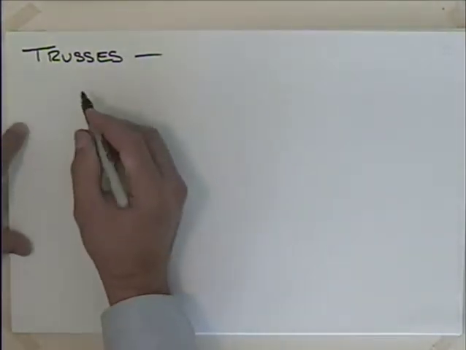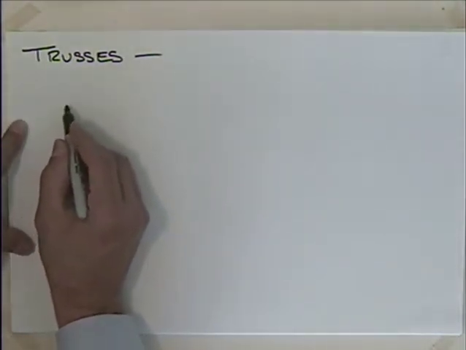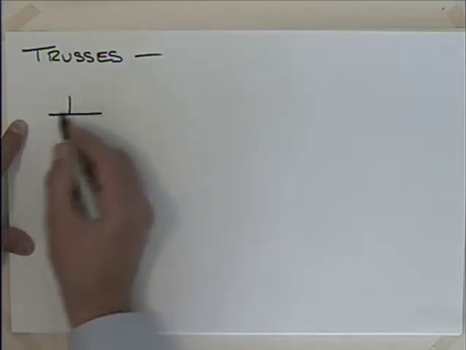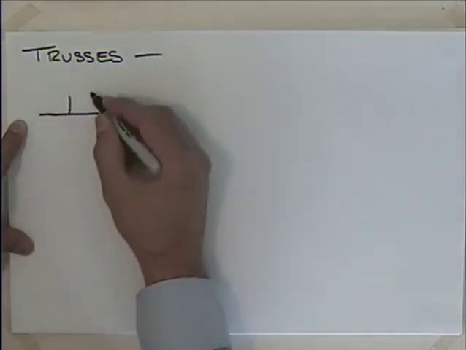So when we go to study trusses, I might draw some trusses here. We're probably not going to be too concerned whether you know the names of all the trusses.